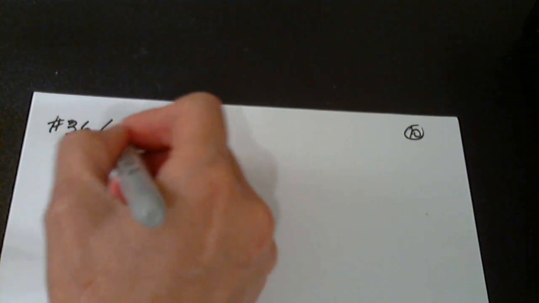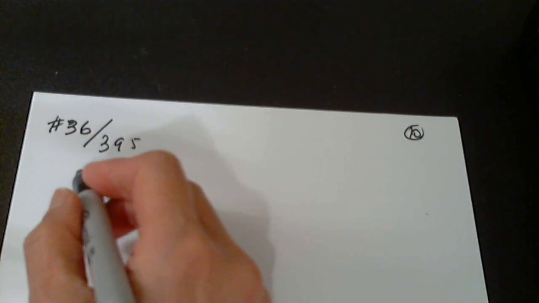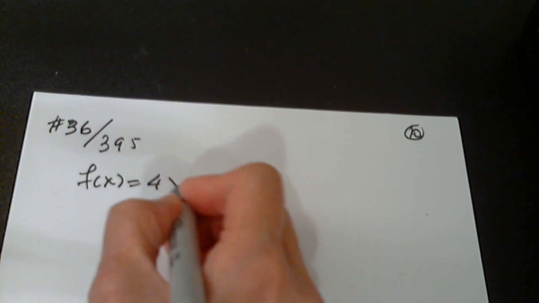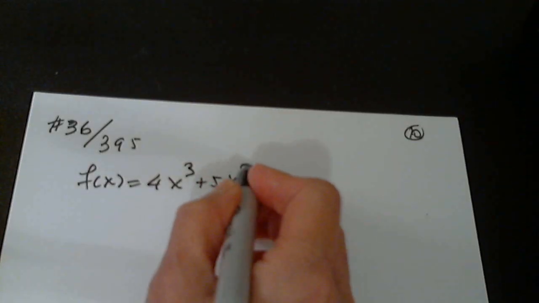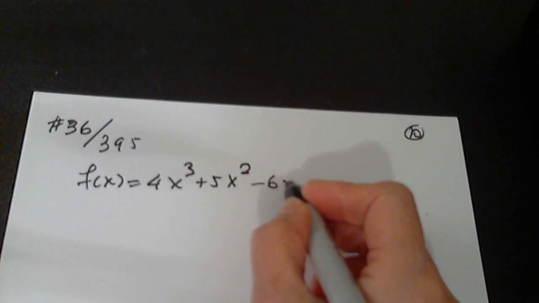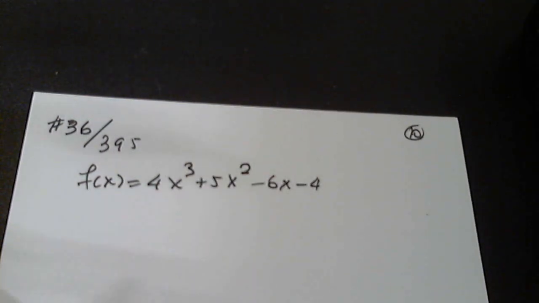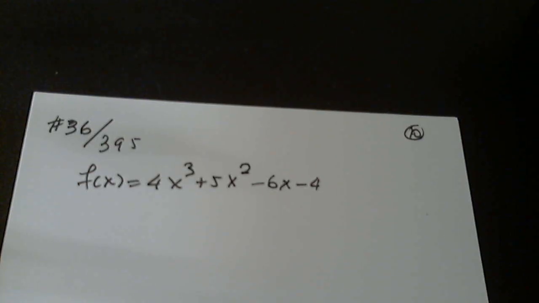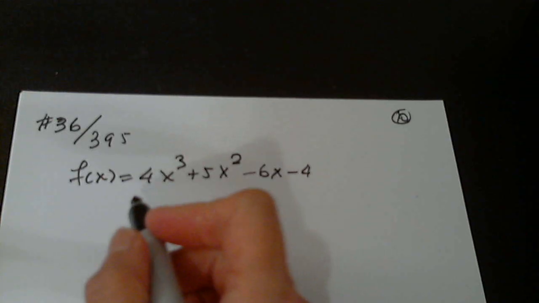36 is good, page 395. And in 36, we have a polynomial that is 4x to the third plus 5x squared minus 6x minus 4. And they're talking about f of negative 2. Okay.